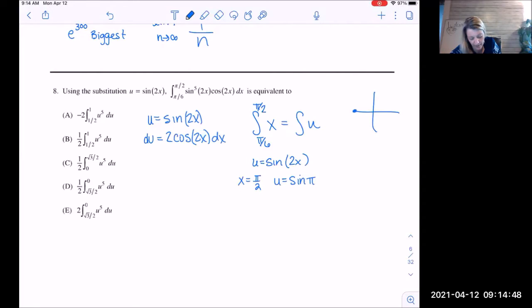Pi is over here, that's -1, 0, so sine is 0. So when x is pi over 2, u is 0. When x is pi over 6, u is sine of 2 times pi over 6, which is sine of pi over 3.